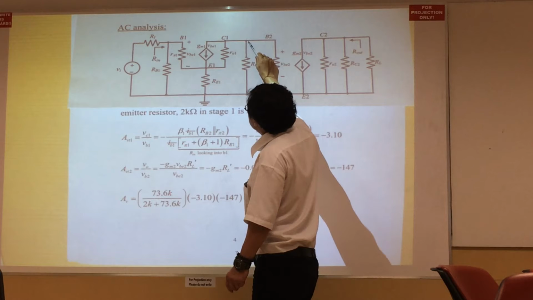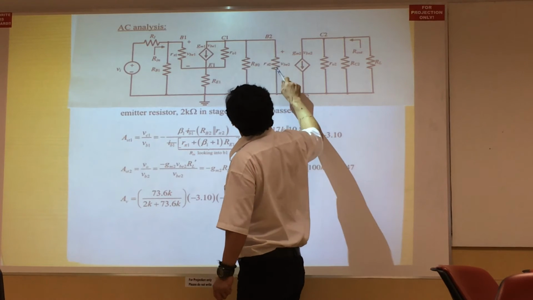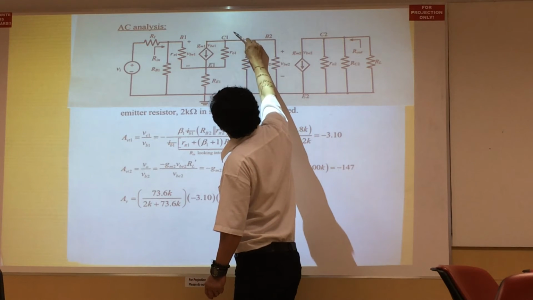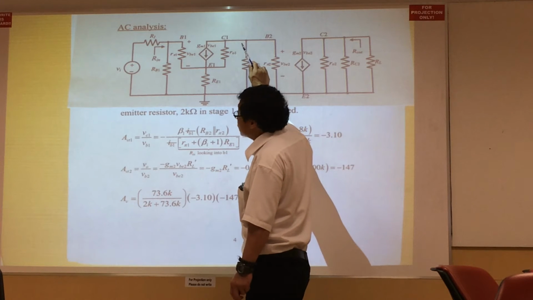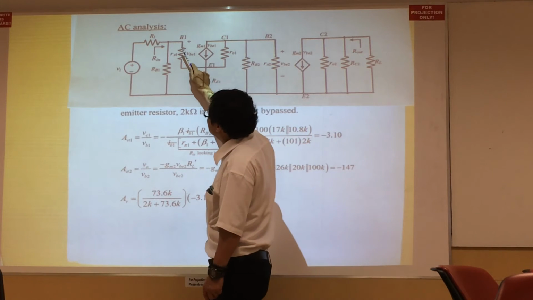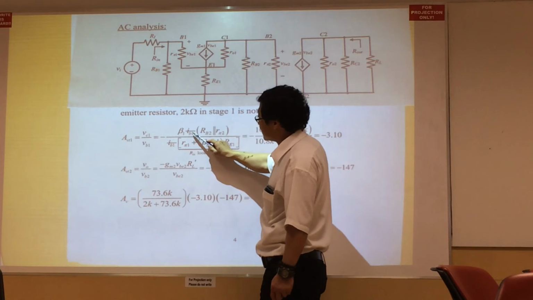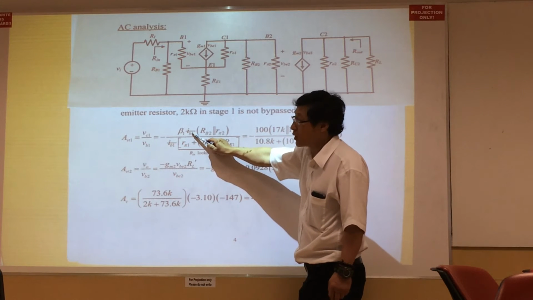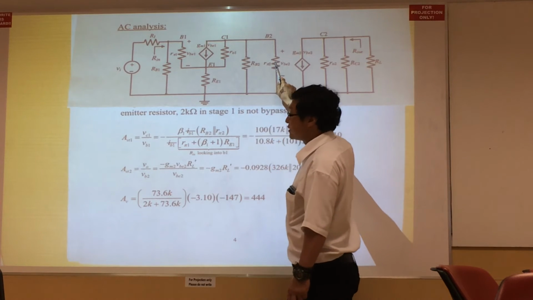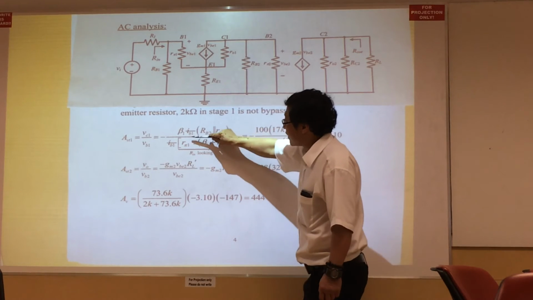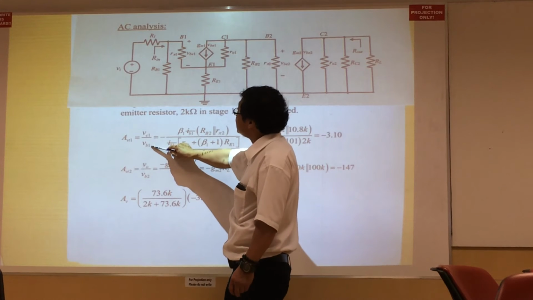That current comes from the collector of this transistor, so it's the collector current. The collector current is related to the base current, beta times IB. Collector current multiplied by these two resistors in parallel, divided by the voltage at the base.